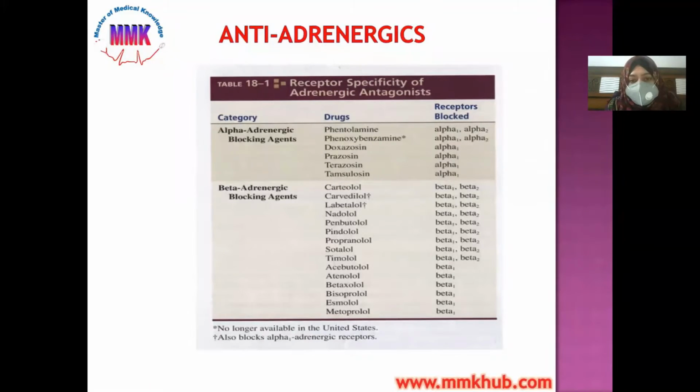We can easily remember the suffix "sin": whenever the suffix "sin" comes in any drug, we can recognize that these are selective alpha-1 blockers.